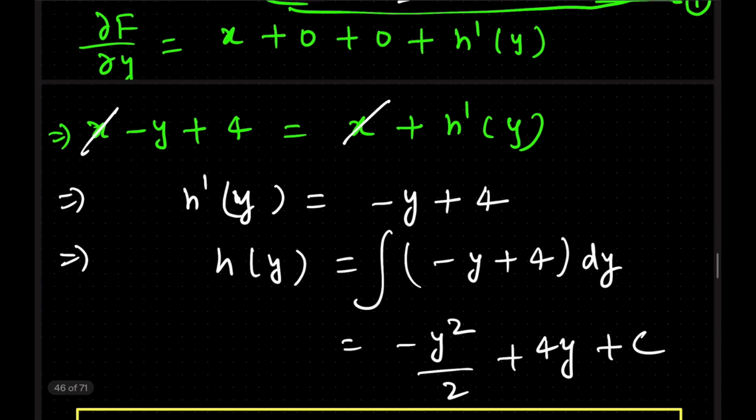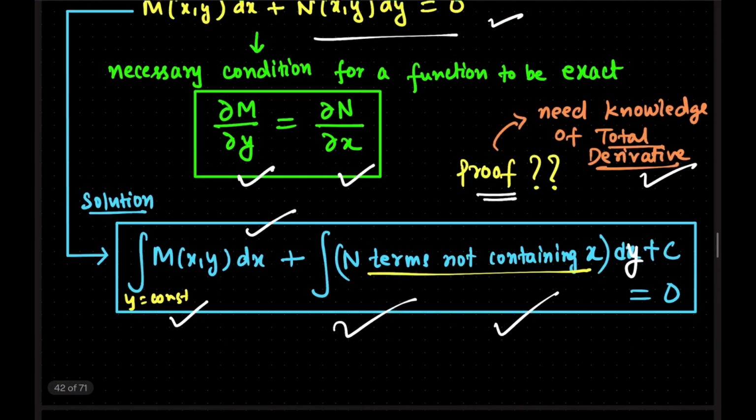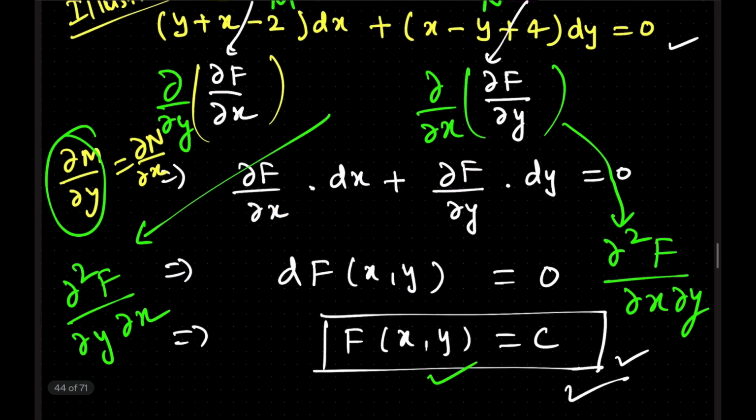So now we have to understand how we got this formula. In this formula, M(x,y) dx, we first integrate assuming y as constant, then second we take the N terms not containing x.